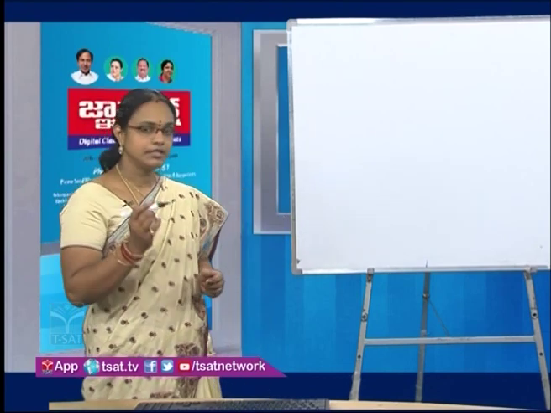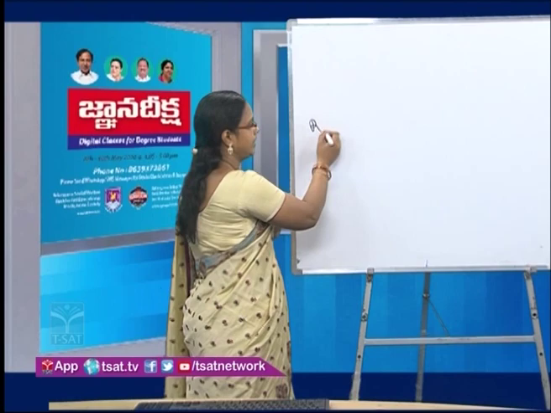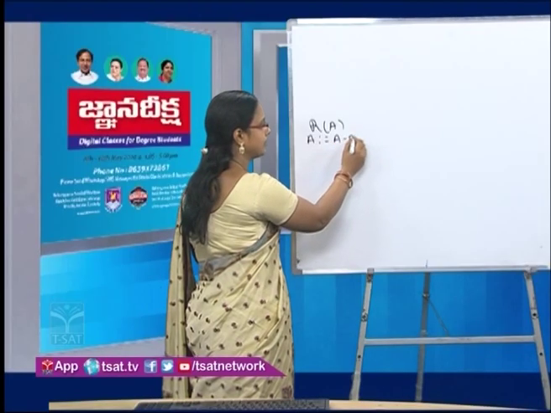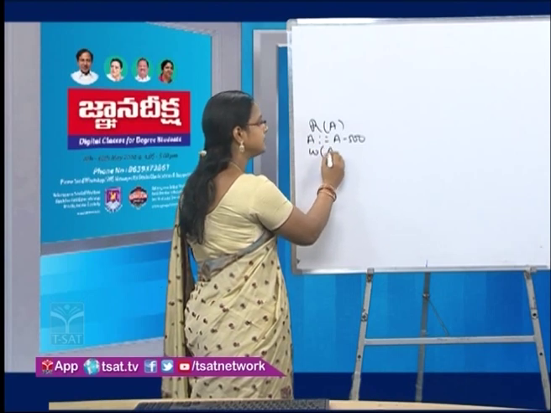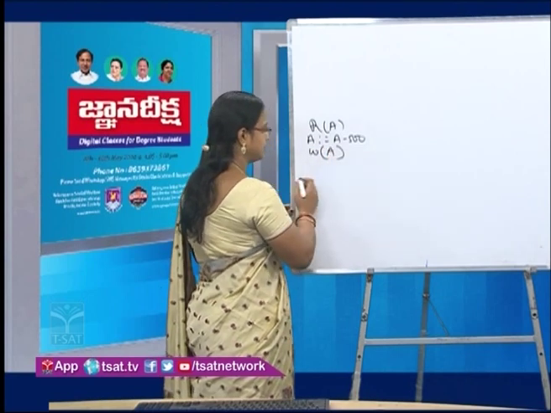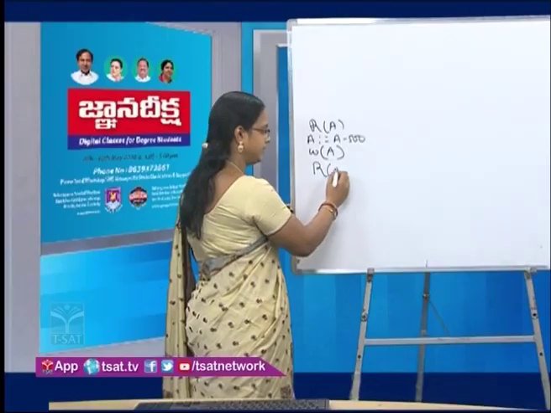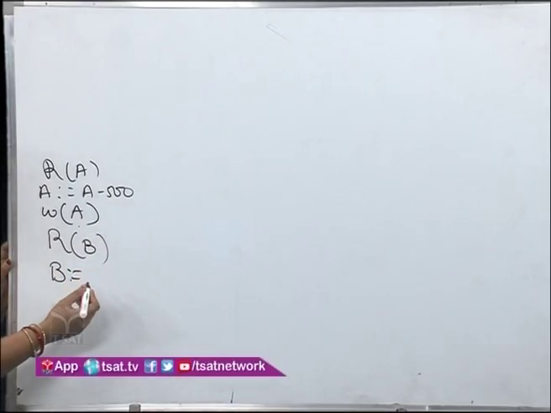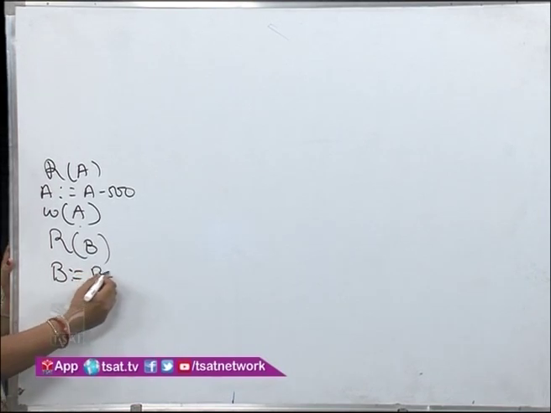So how many statements were there? Read A, update the A balance as A minus 500, and write back the balance of A into the database. And then read the balance of B, update the balance of B to B plus 500, and write back B to the database.